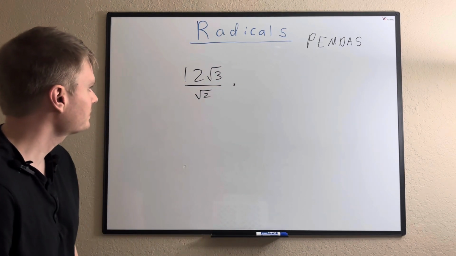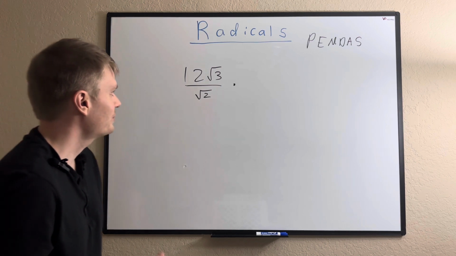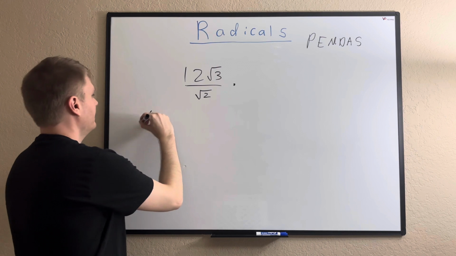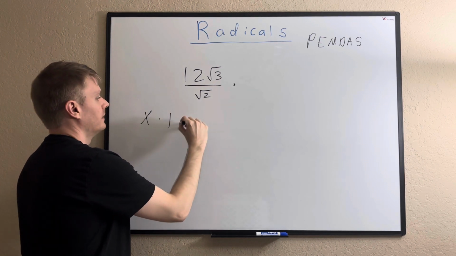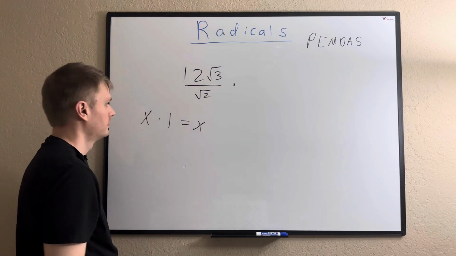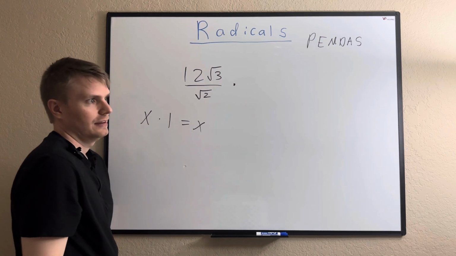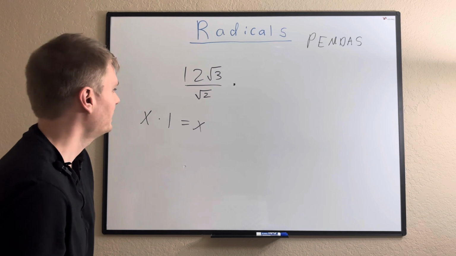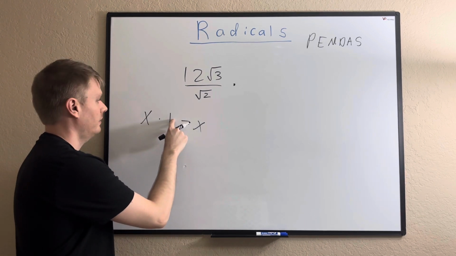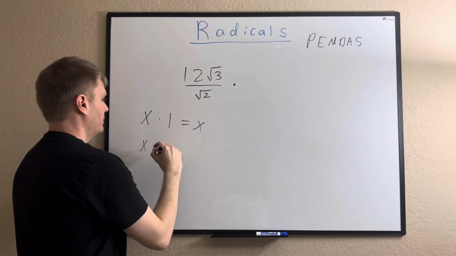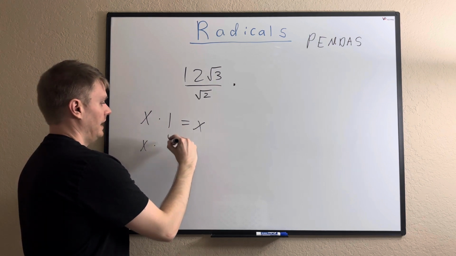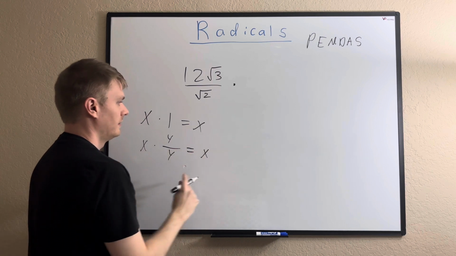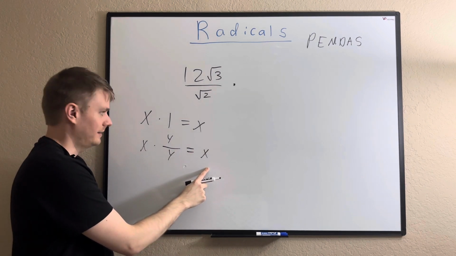Well, we have this trick called multiplying by 1. Any number multiplied by 1 is just that number. But there are different ways we can write the number 1, right? Anything multiplied by anything else over itself is still x, right?